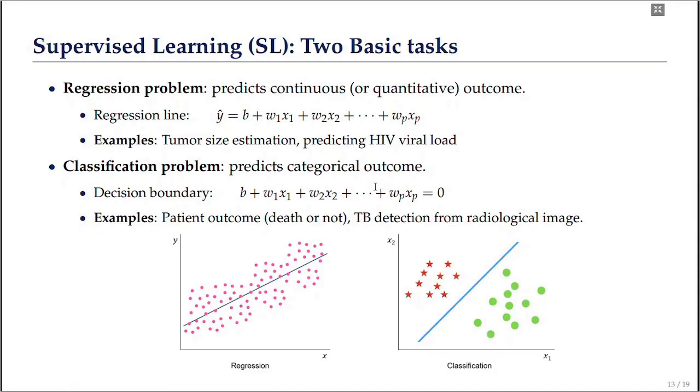But in a classification problem, let's say a binary classification problem, let class 1 represent the red points and class 2 the green points. Then the objective is to classify or discriminate the red points from the green points. The line that separates these two classes is said to be the decision boundary.